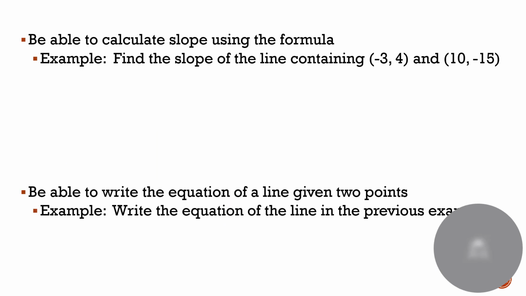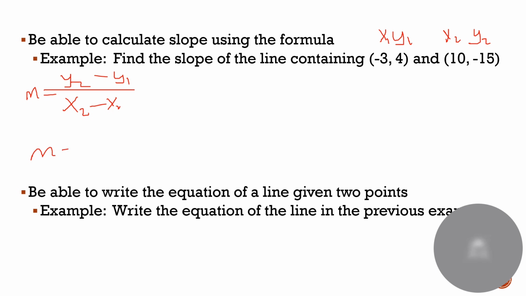Be able to calculate slope using the formula, and so that means you do need to know the formula. But if you don't know the formula, you would simply use the fact that slope is the rise over the run, or the difference in the y's over the difference in the x's. And you can label these any way you want. So I'll make this x1, y1, and we'll make this one x2, y2. You can do it the other way around if you want.